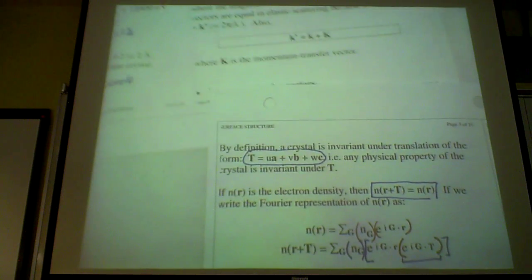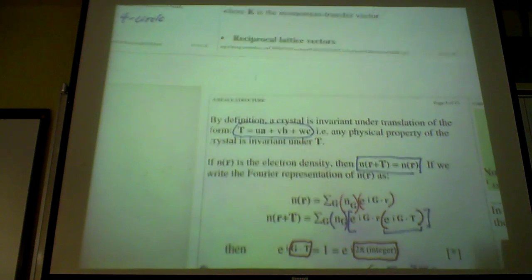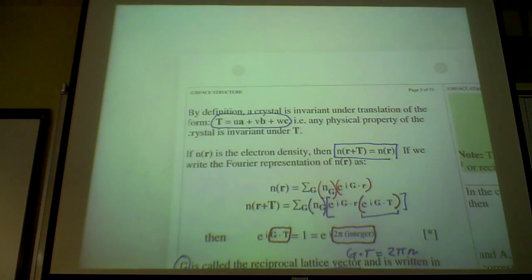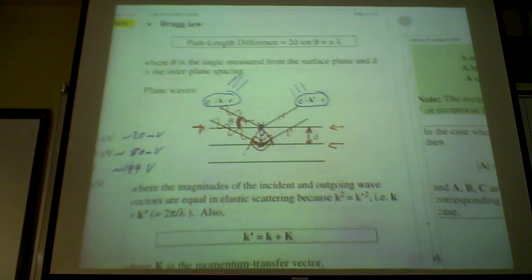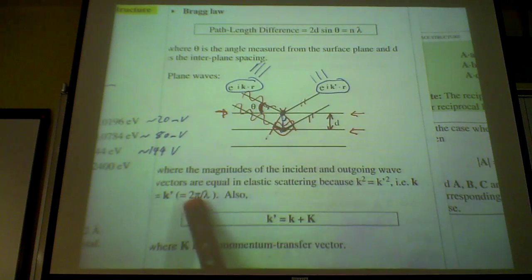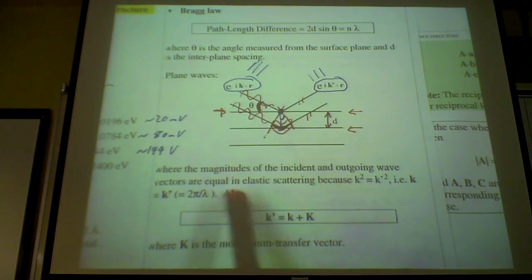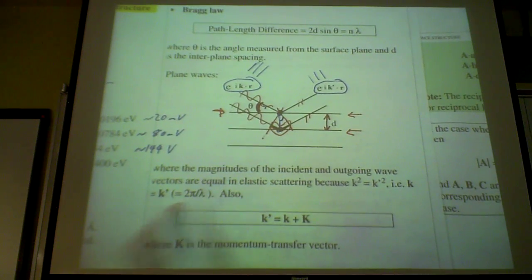Okay, so what we have then is this reciprocal lattice vector. We're going to talk about the reciprocal lattice vector. What is a reciprocal lattice vector? We sort of get leading into it from this thing here, because this in some way is like a reciprocal space. K is like reciprocal space because it depends on 1 over lambda, isn't it? So it's proportional to the inverse space, 1 over lambda.